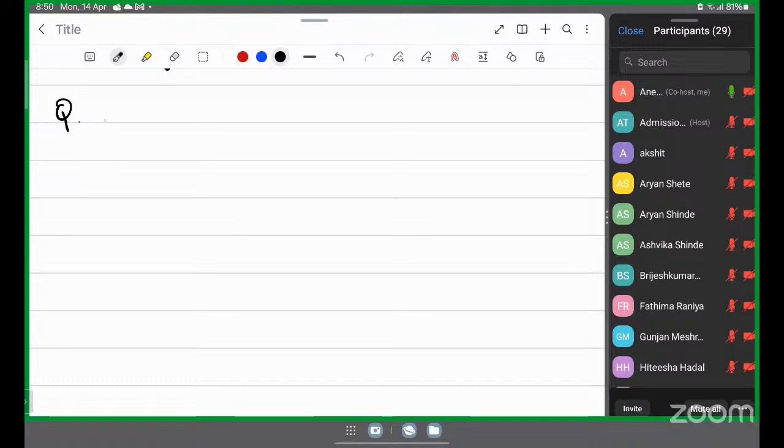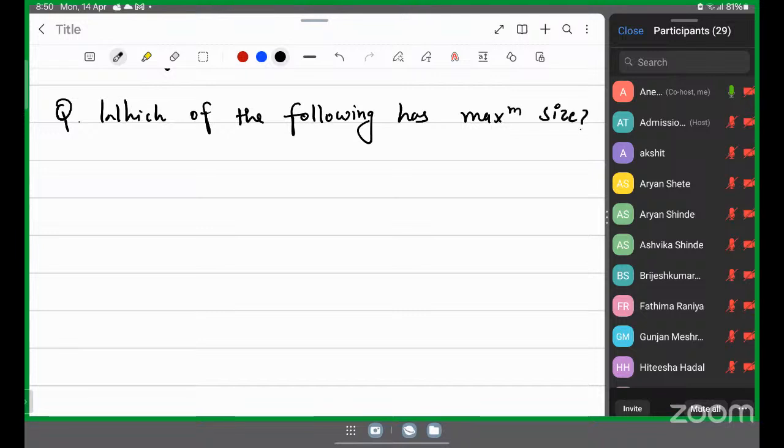मैक्सिमम साइज of the following has maximum size. Option A, Al minus.